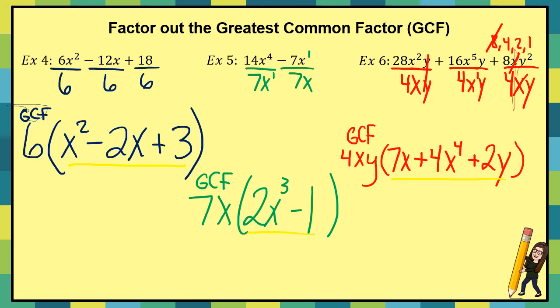And if I look at the red, example 6, there's a couple x's, but the last term doesn't have one. There's a y, but the other terms don't have them. 7, 4, and 2, don't have common factors. So just looking and making sure nothing else will divide out reassures you that you possibly did pick the greatest common factor.